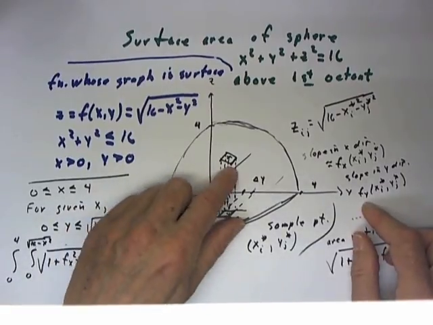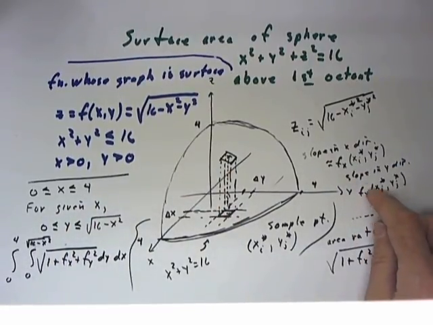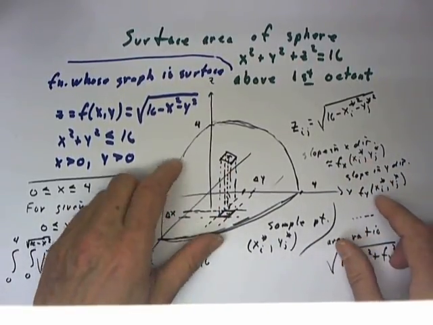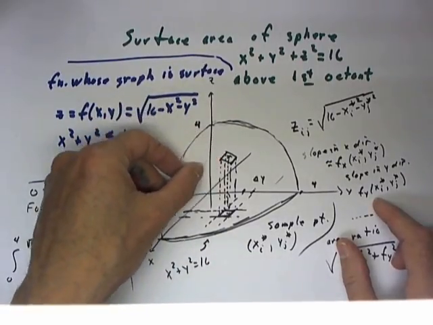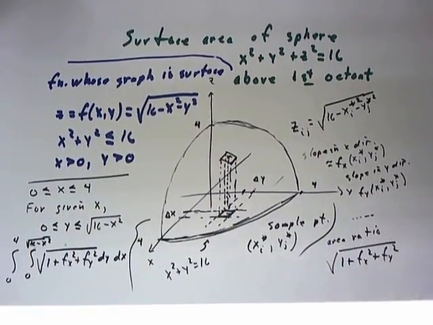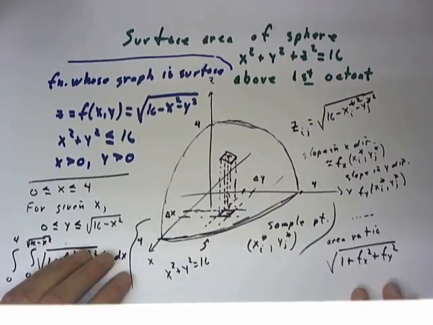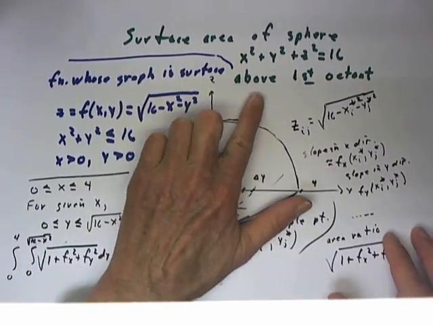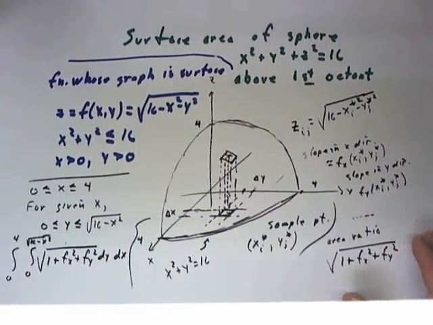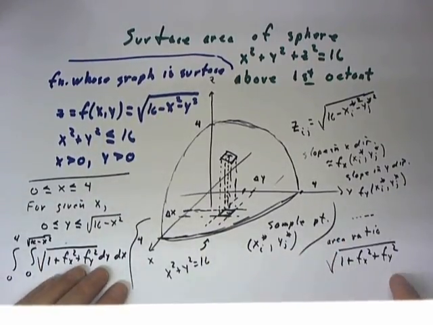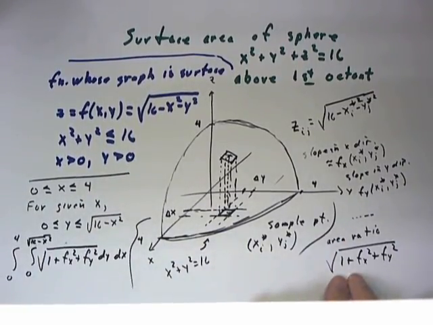A slope in the y direction. Those two slopes go together to give us vectors tangent to the surface, and by taking the appropriate cross product or by considering the angle of the normal vector with the z direction, with the k vector, we find that the area ratio is square root of 1 plus fx squared plus fy squared.